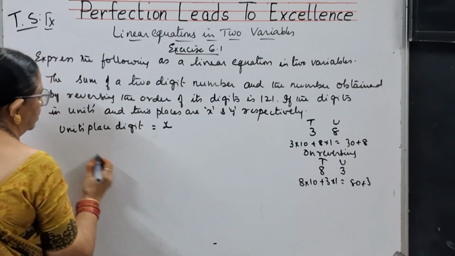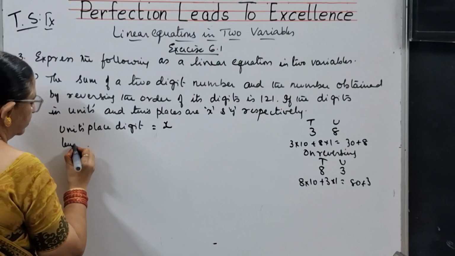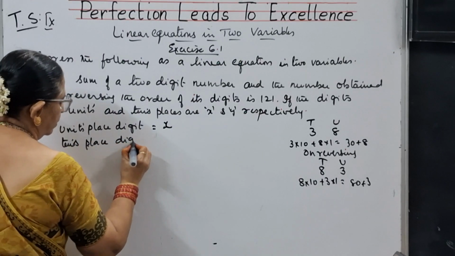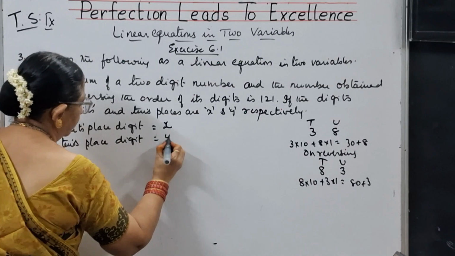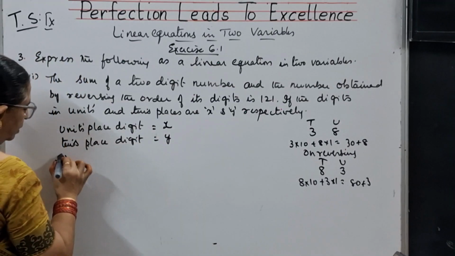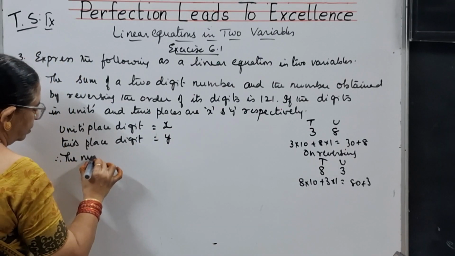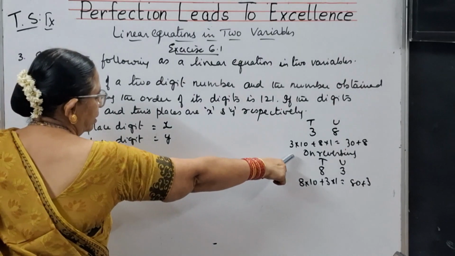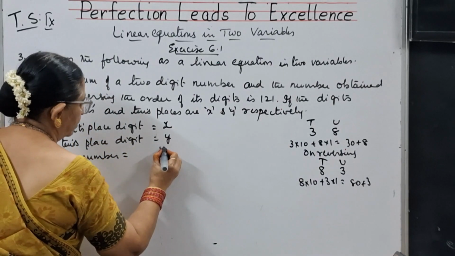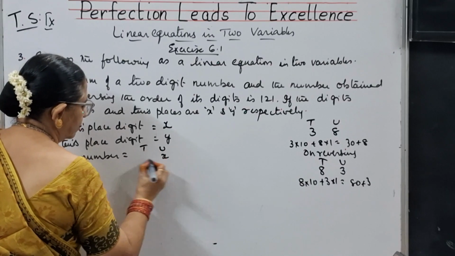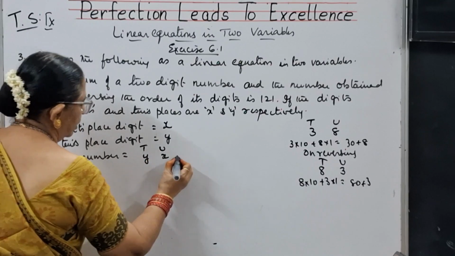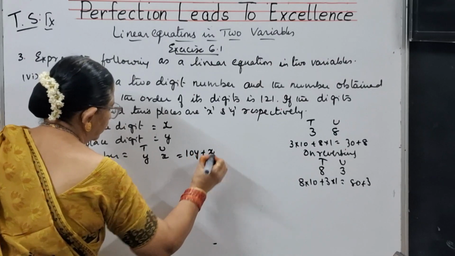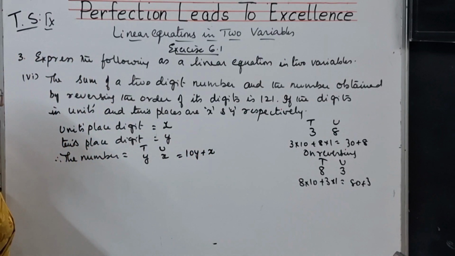So units digit is x, then tens place digit is equal to y. So what is the number, children? Units is x, tens is y. So what are you getting here? 10y plus x. The number is 10y plus x.